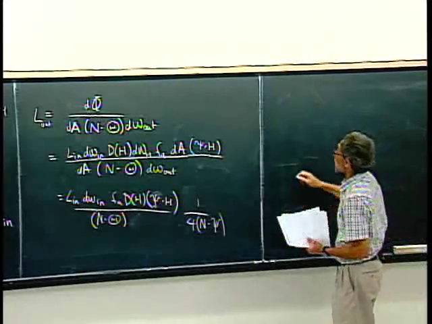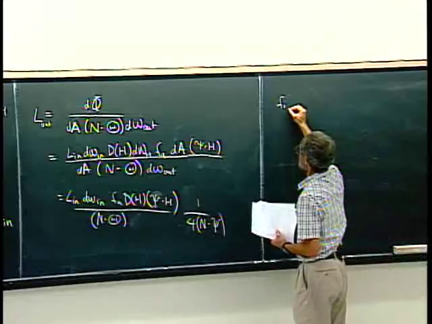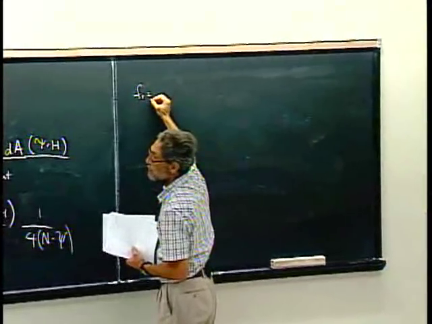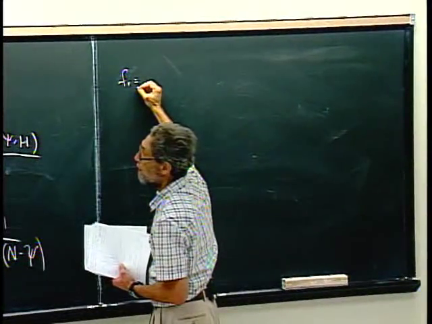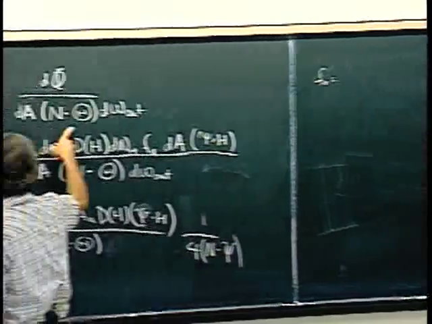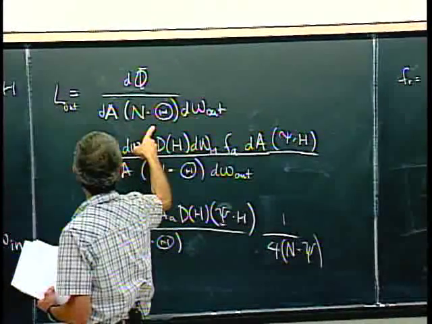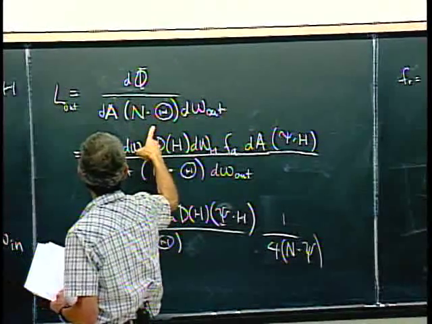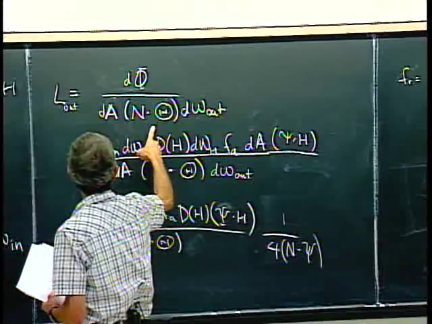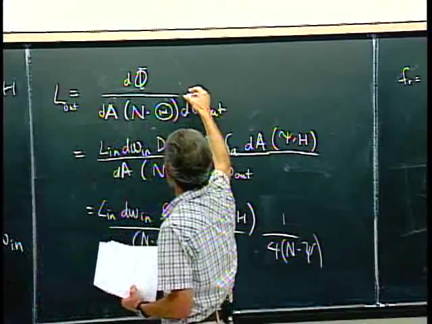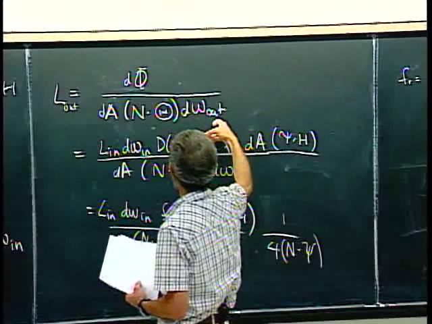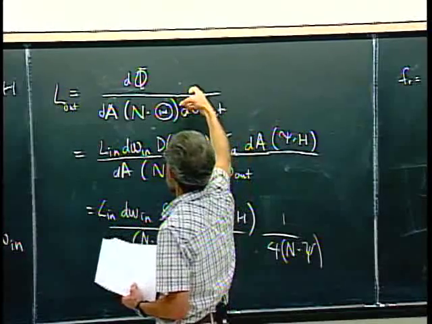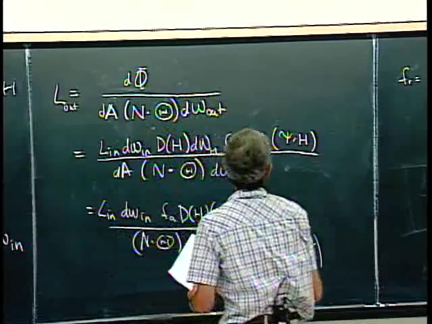So what is the BRDF? FR is, wait a minute, I already have FR, right? I said L out. No. L out is flux per unit area normal to the beam.